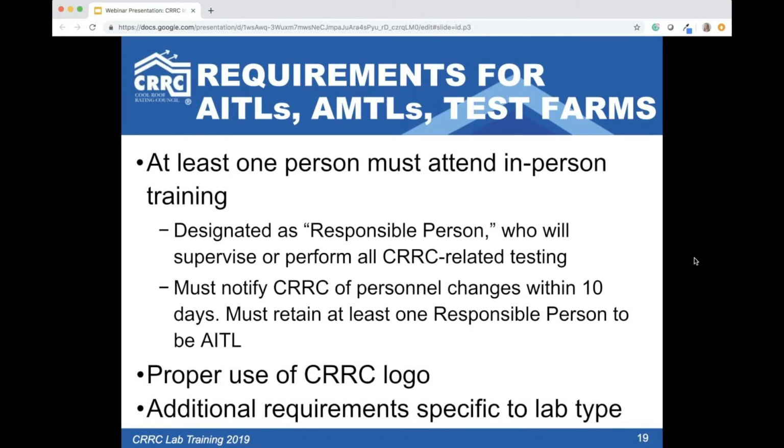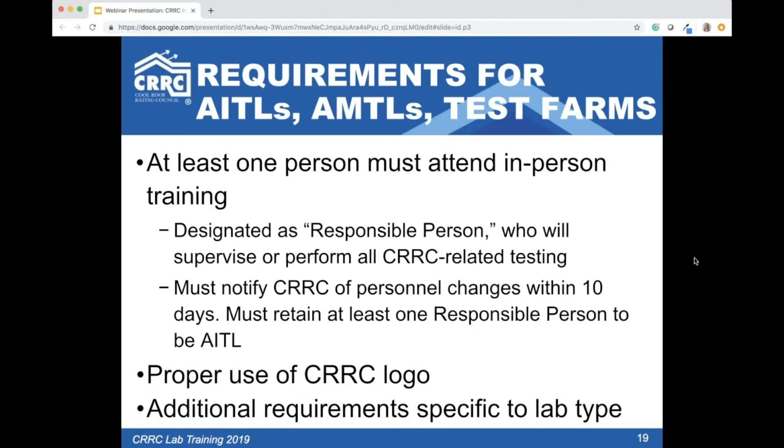Key thing to note here is that if there are any personnel changes, we really need to be notified, and in fact, it is a requirement that we are notified within 10 days, because it's really important that at least one responsible person is at that lab to be an AITL, because again, otherwise we can't have confidence in the data that we are receiving from that lab.